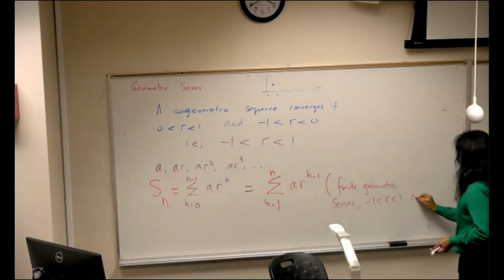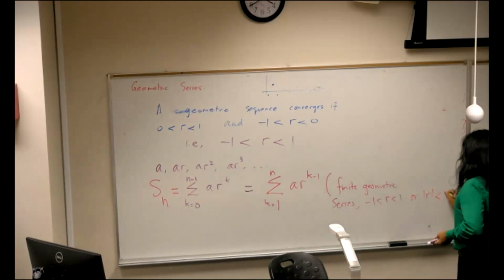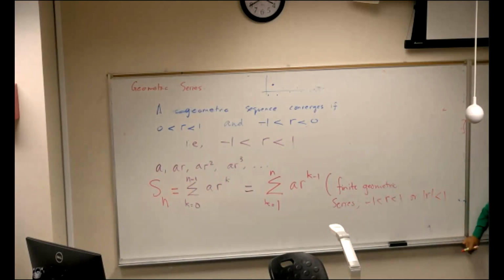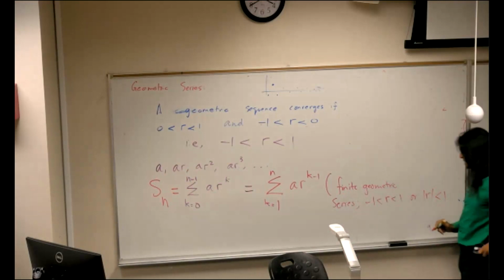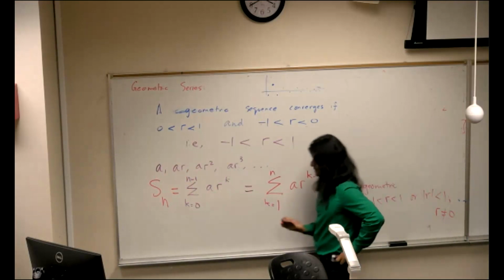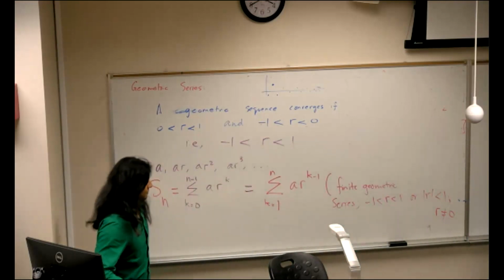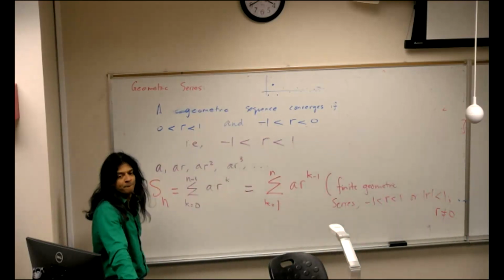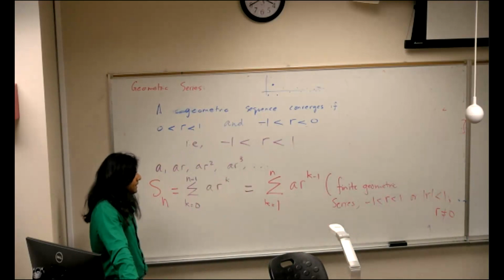This is nothing but the absolute value of R is less than 1. It cannot equal 1, good? And it cannot equal 0. It's important. Good. Okay.